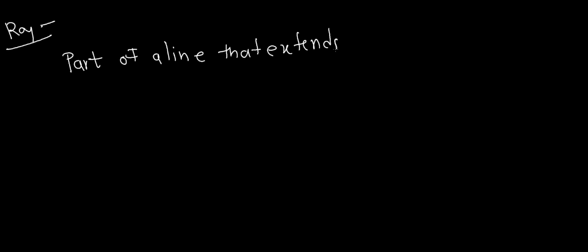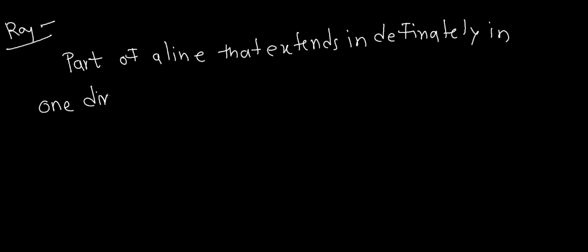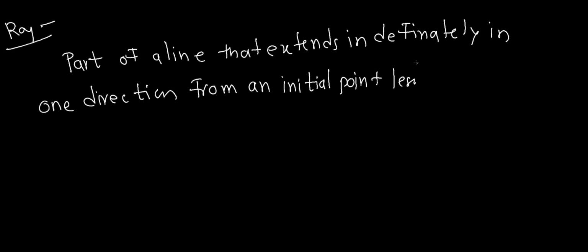Now let's see ray. What does a ray say? Part of a line that extends indefinitely in one direction from an initial point, let's say O, on a line is called a ray.